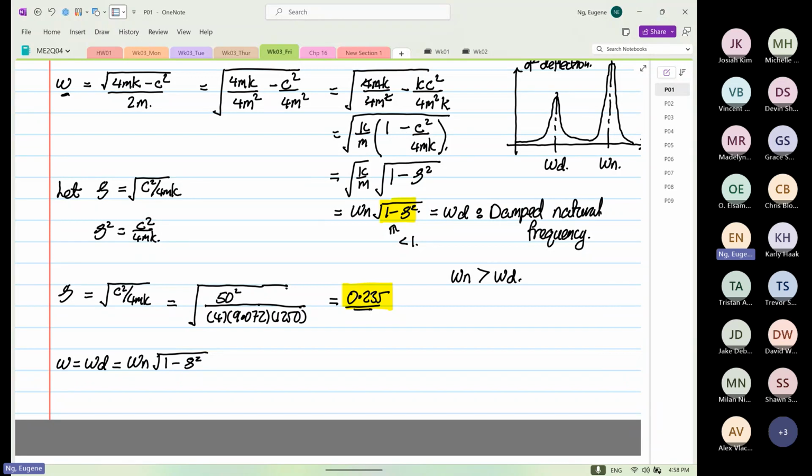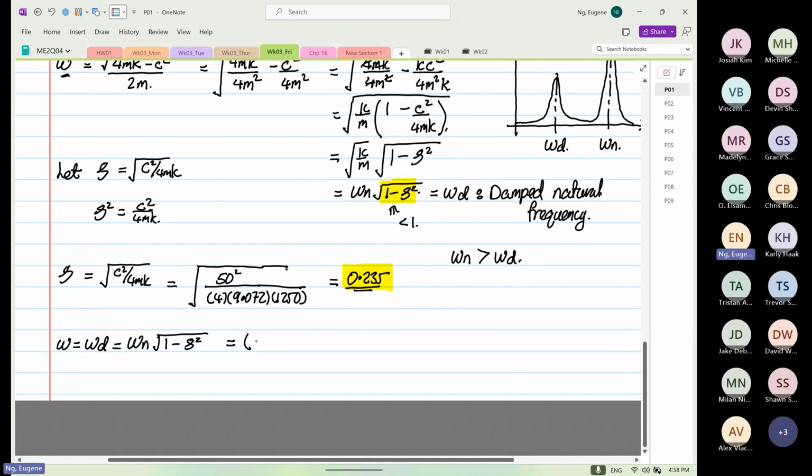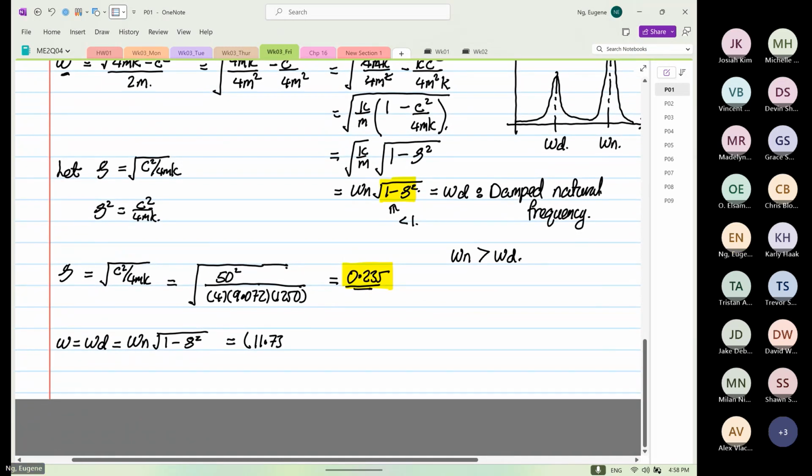Okay. A student asked me yesterday, why should we calculate zeta? It's for this reason. Can you see if we don't calculate zeta, how complex your formula can be? Yes or no? Right? By allocating a certain constant, your formula will be easy. Your calculation will be easier. So this will be equal to omega n, 11.738, square root of 1 minus zeta squared.